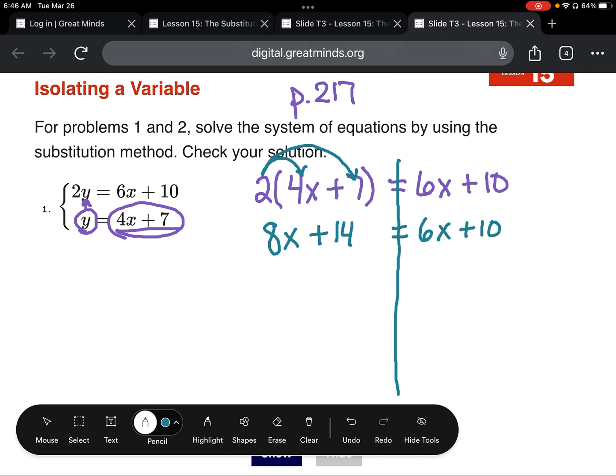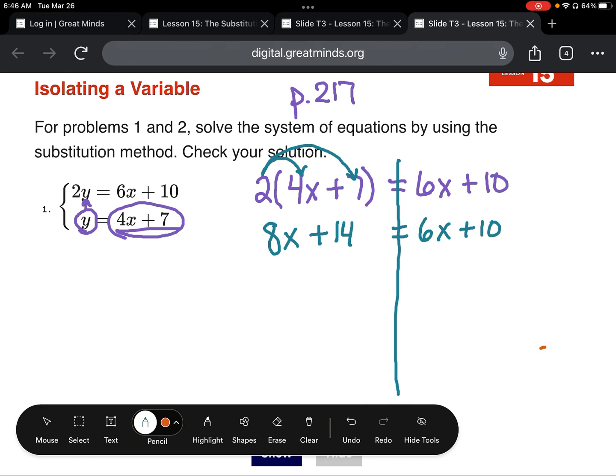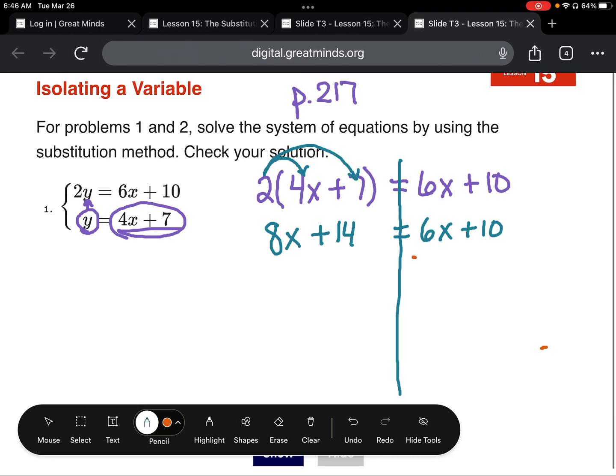Step 3, I don't have anything on the left or the right that are like terms that I can combine. So I'm going to go ahead to step 4, which says to get all of the variables to one side. It says do the smaller. It doesn't really matter, but I am going to do the smaller. So I'm going to subtract 6x here, subtract 6x here, and I'm left with 2x plus 14 equals 10.